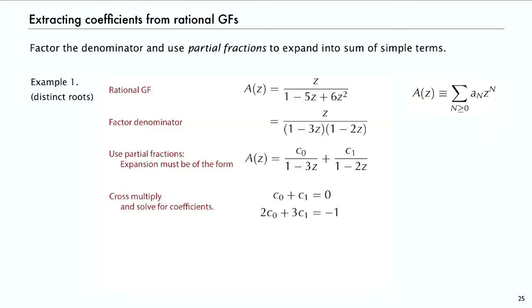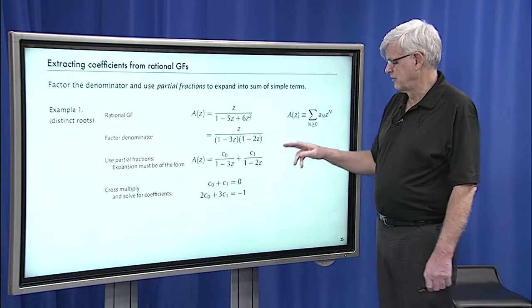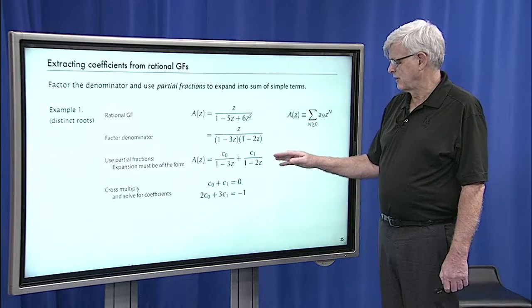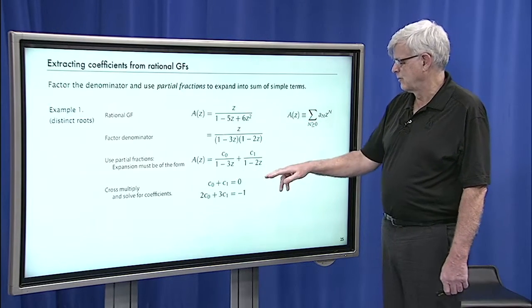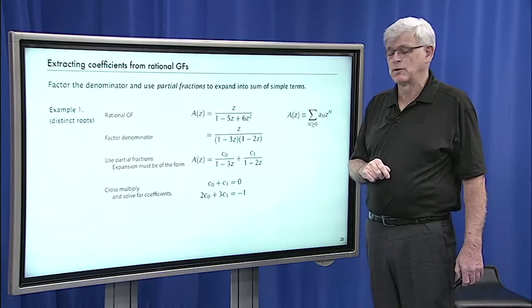So if we cross multiply, we get (1 minus 2z) times c0 plus (1 minus 3z) times c1, over the product (1 minus 3z)(1 minus 2z), has got to equal z. So that means the constant part, c0 plus c1, has to equal 0. And the coefficient of z, which is minus 2c0 minus 3c1, has to equal 1, or 2c0 plus 3c1 equals minus 1.